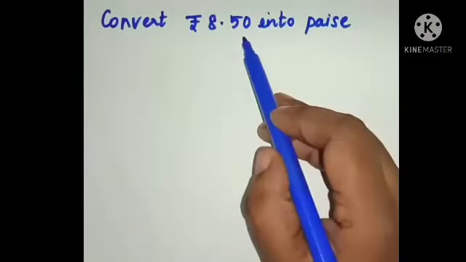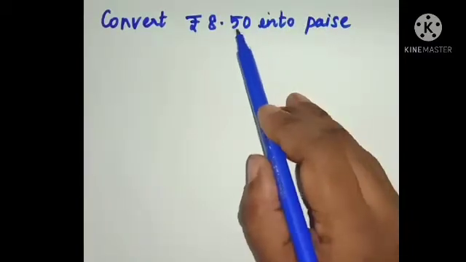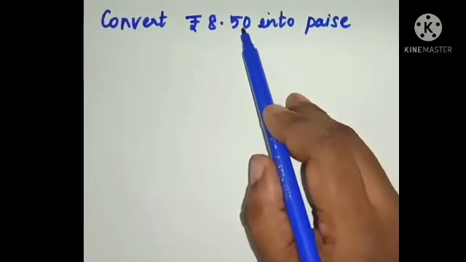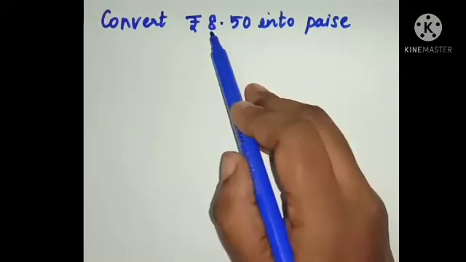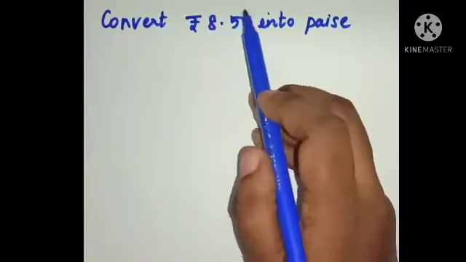Convert 8 rupees 50 pies into pies. Children, here 50 pies is already in paise form. 8 rupees, we need to convert rupees into pies.